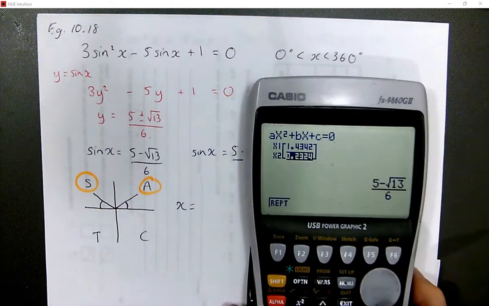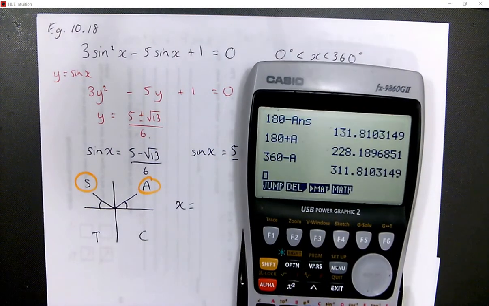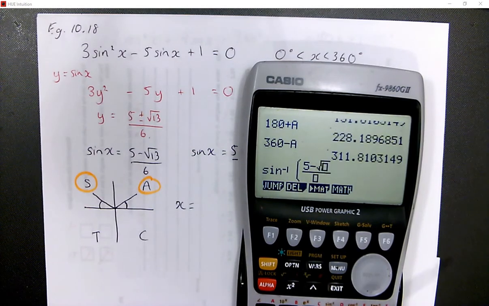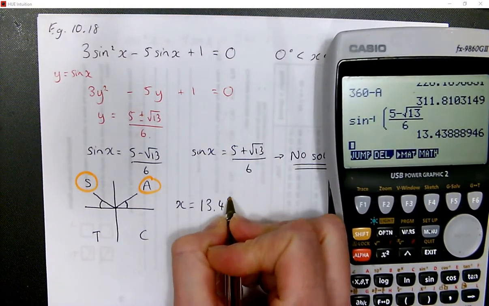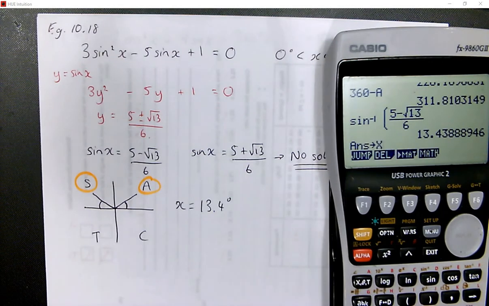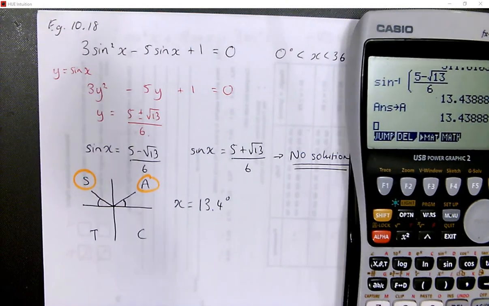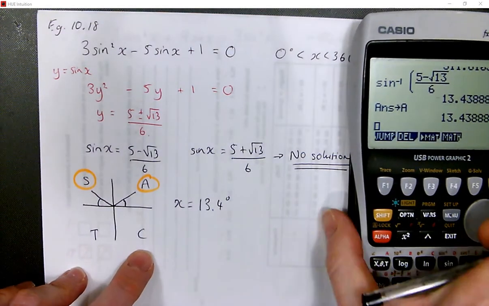So x is going to be inverse sine of, and then we had 5 minus root 13 over 6. So that gives us 13.4 degrees. I stored that on my calculator, so hopefully I don't make too many mistakes.